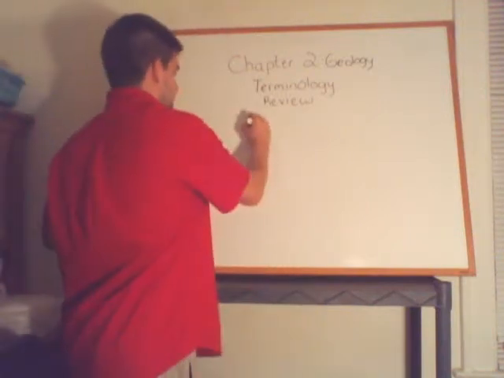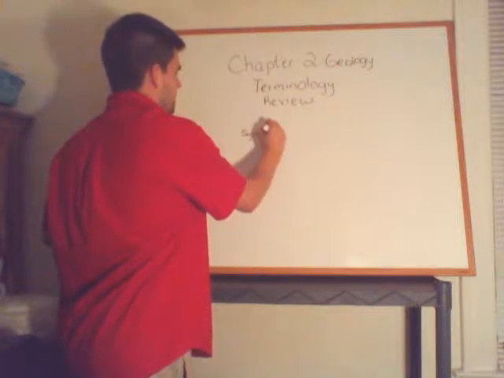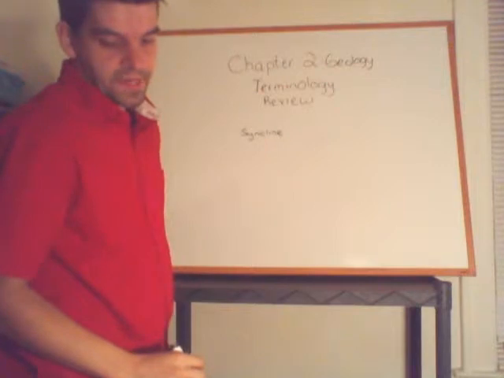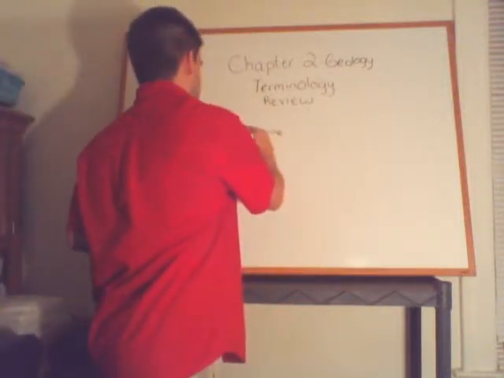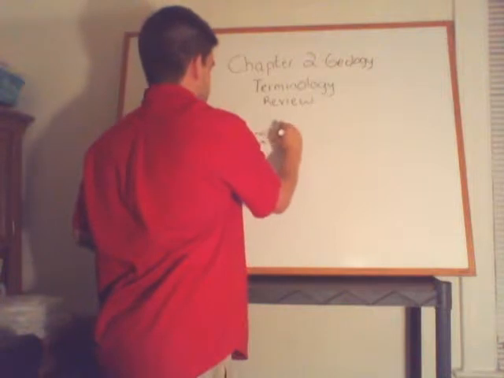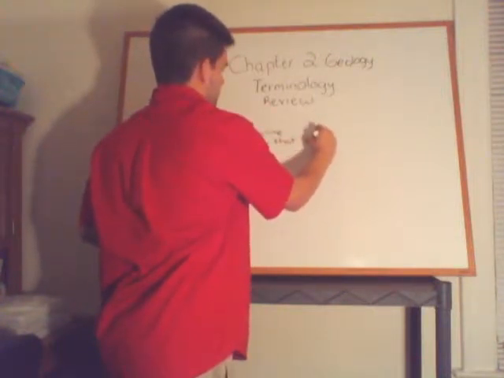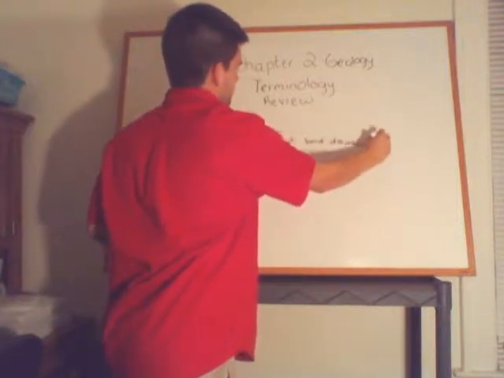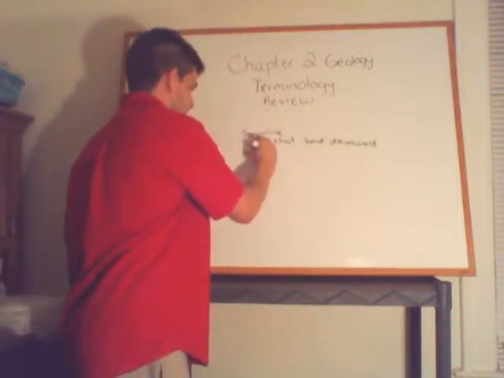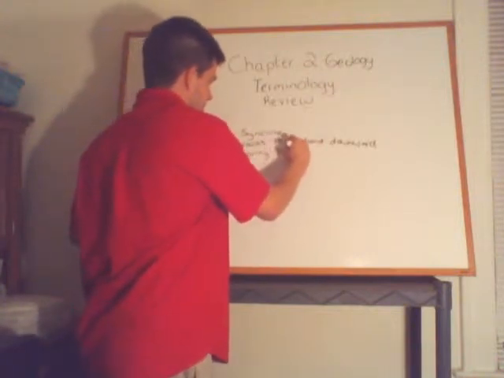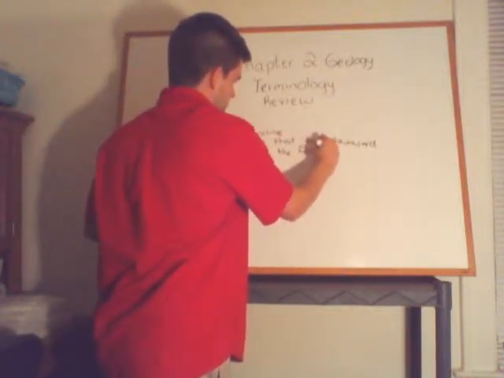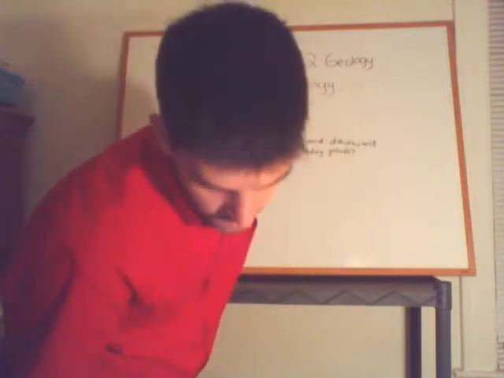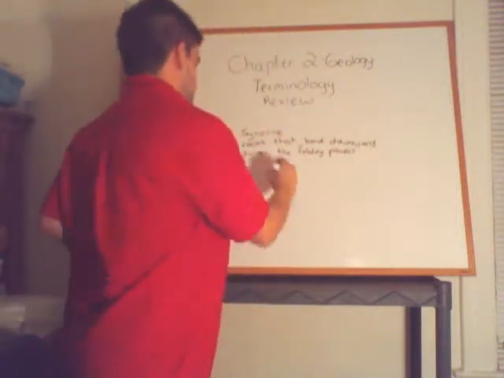So we have syncline, and that is spelled S-Y-N-C-L-I-N-E, and it is the rocks that bend downward during the folding process, forming a trough-like structure.